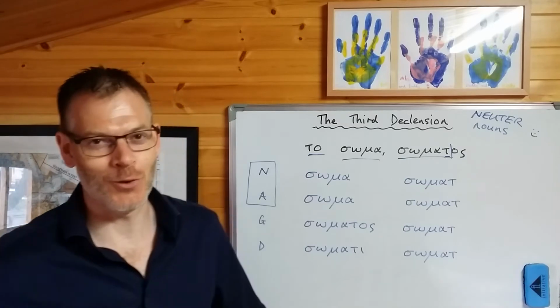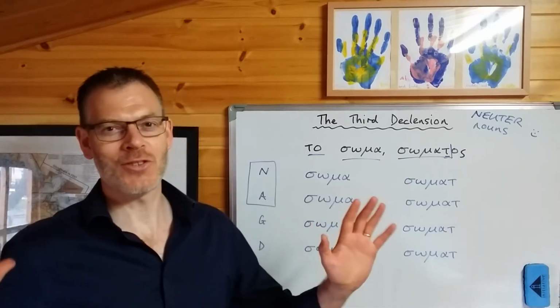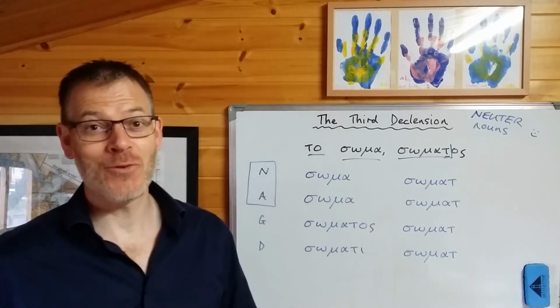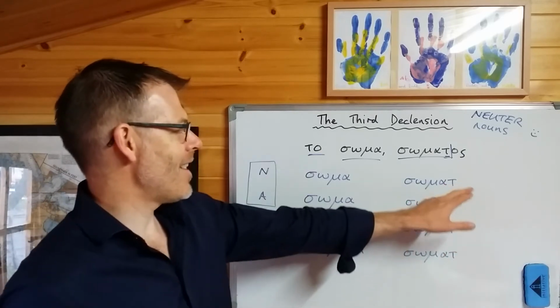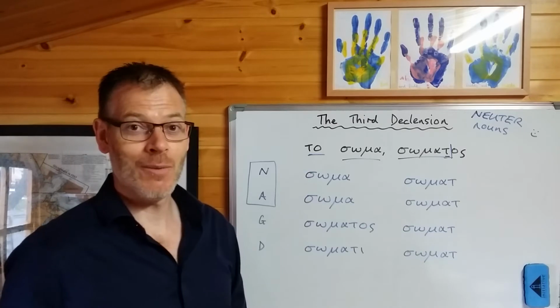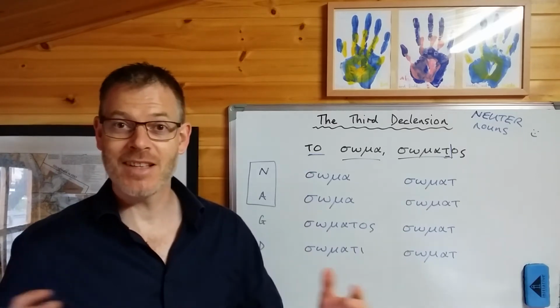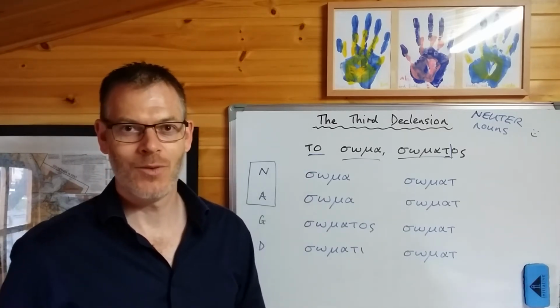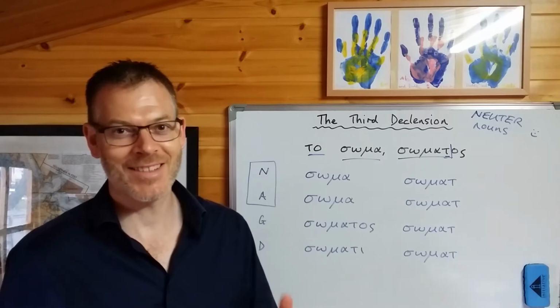Wouldn't it be a wonderful God-given coincidence, in God's wonderful providence, if the endings in the plural for the nominative and accusative were the same as in the other nouns that you'd learned? Wouldn't that be great? And yes, it turns out they are.